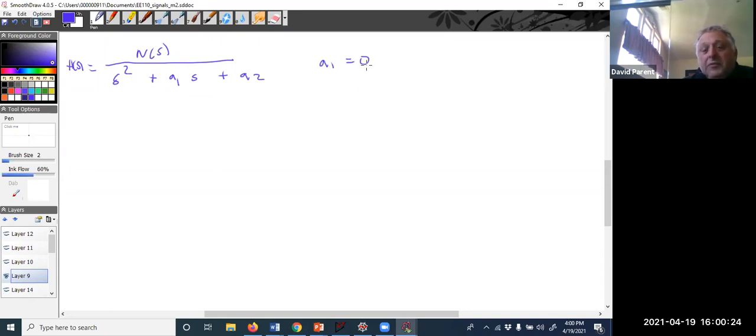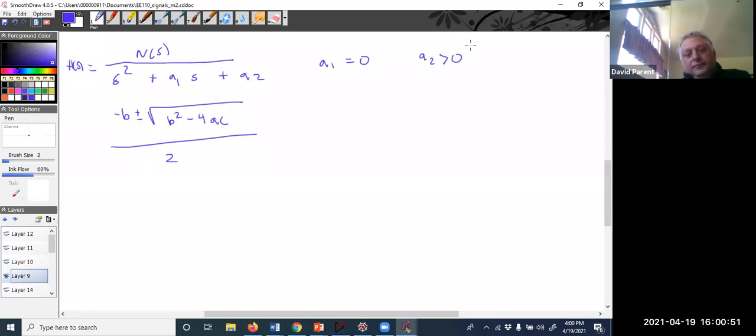What if A1 equals 0? Okay, so let's just use the quadratic equation here. Minus b plus or minus the square root of b squared minus 4ac, divided by 2, and let's say a2 is greater than 0.